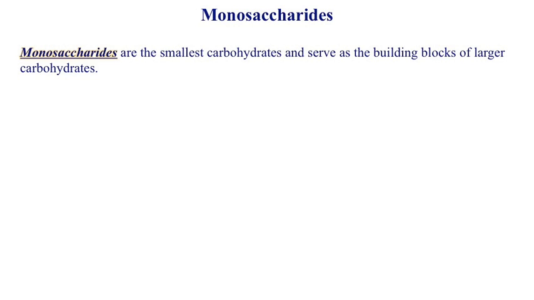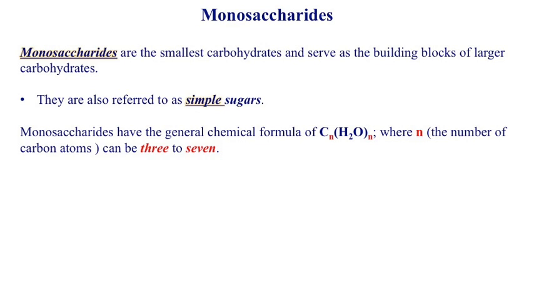Monosaccharides are the smallest carbohydrates and serve as building blocks of larger carbohydrates. They're also referred to as simple sugars. Monosaccharides have the general chemical formula of CnH2nOn, where n, the number of carbon atoms, can be 3 to 7.